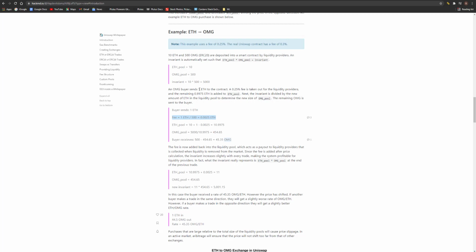So of that 1 Ethereum, 0.25% of that Ethereum is taken out, but the remaining Ethereum gets added to here. So you end up with 10.9975. So there's that 10 original Ethereum plus the 1 that was being added, but minus the fee that's being charged. So this is the new Ethereum amount that you've ended up with.